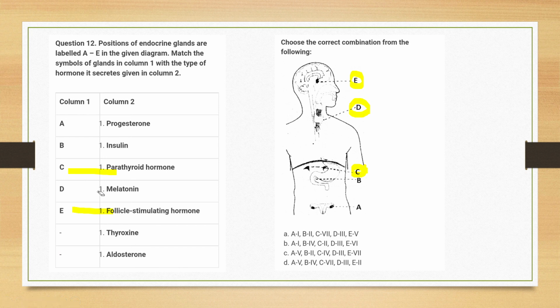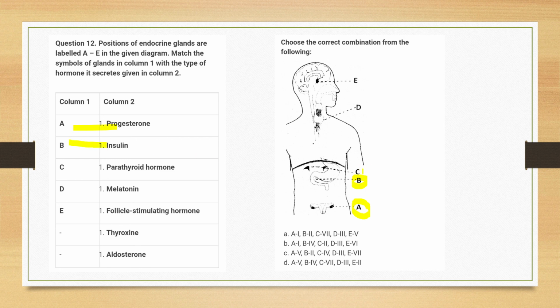Let me erase this one. Okay. Here, first see option A. A is our ovary, so it will produce progesterone, A with 1. Now option B. Below the stomach there is the pancreas. Pancreas produces insulin, so B with insulin.